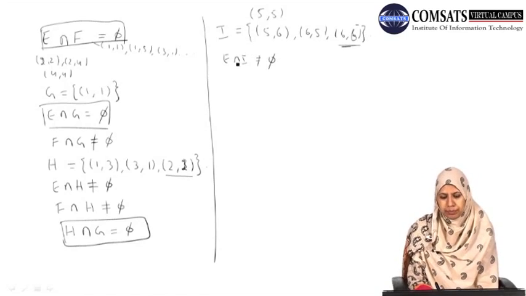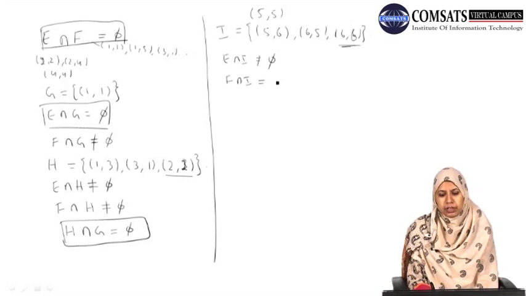The intersection of this event with our event F is empty, so they are mutually exclusive, because the other two possible outcomes do not have both numbers odd.